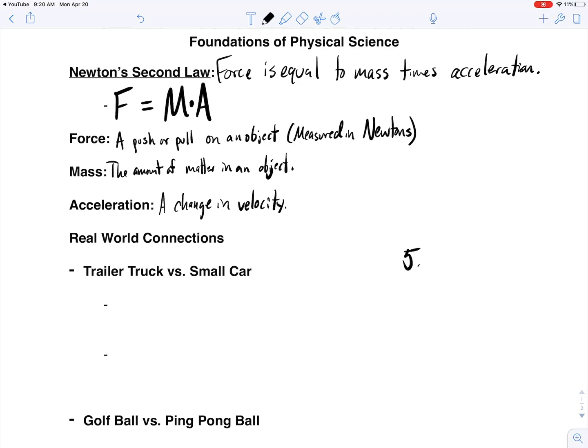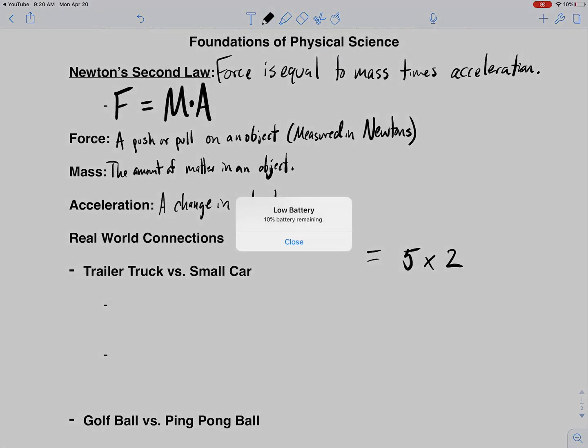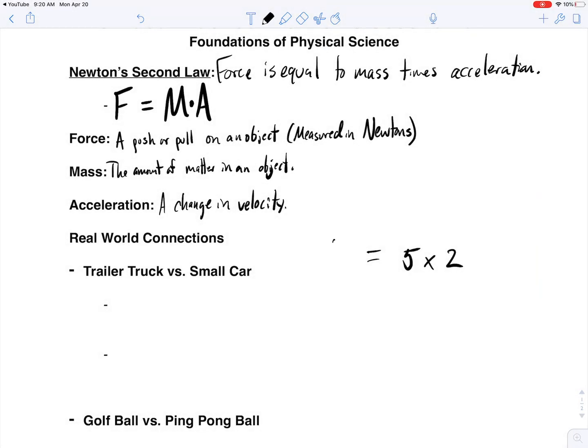We're not even going to use units here. Let's just say we have an object with a mass of 5, and we're going to multiply that by an acceleration of 2. We know that the force needed to get an object with a mass of 5 to accelerate at 2 is going to be 10.